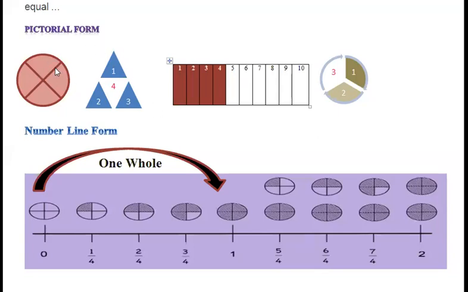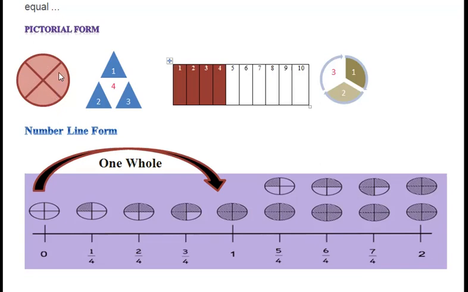So here we saw the pictorial form. I wanted to show you the way of writing fractions. This particular figure is 1 whole, and how many parts is it divided into? 4 parts. So it is 1 upon 4, or 1/4.